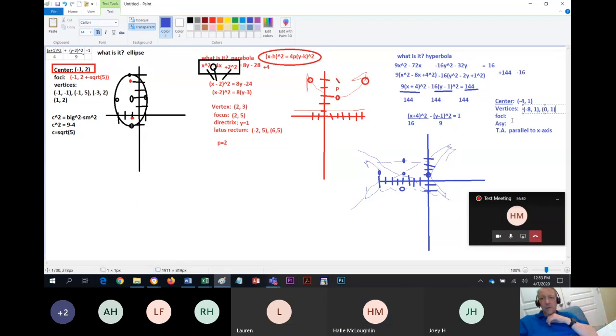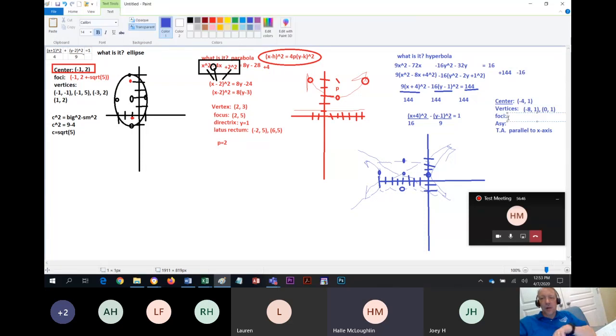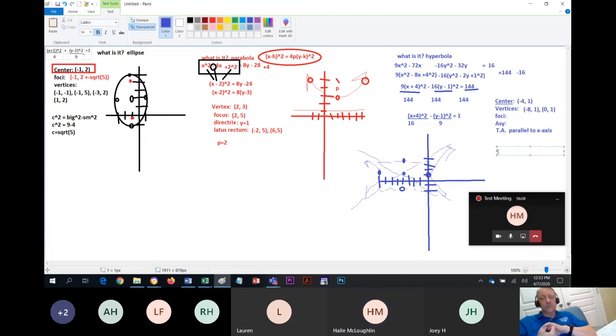The foci, how do I find my foci? It's here, C. So it would be plus or minus 5.